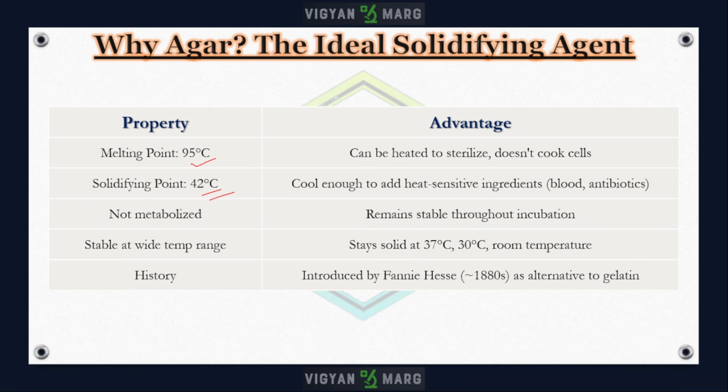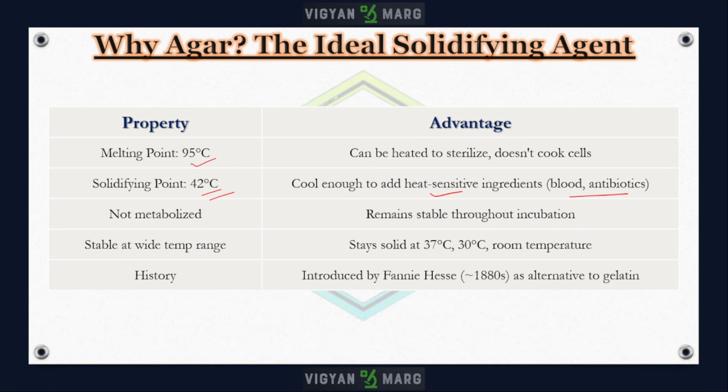This is crucial because it gives a window where the medium is still liquid but cool enough to safely handle and to add heat sensitive components, like antibiotics, and different components you can add at this temperature.